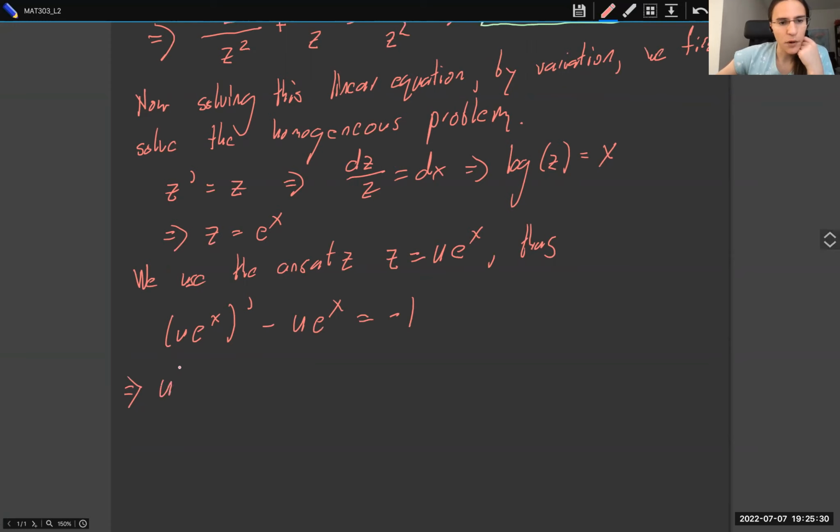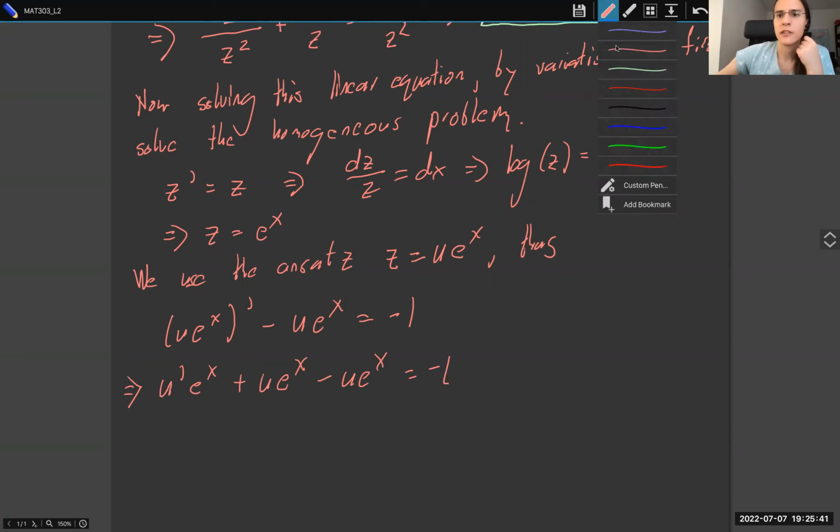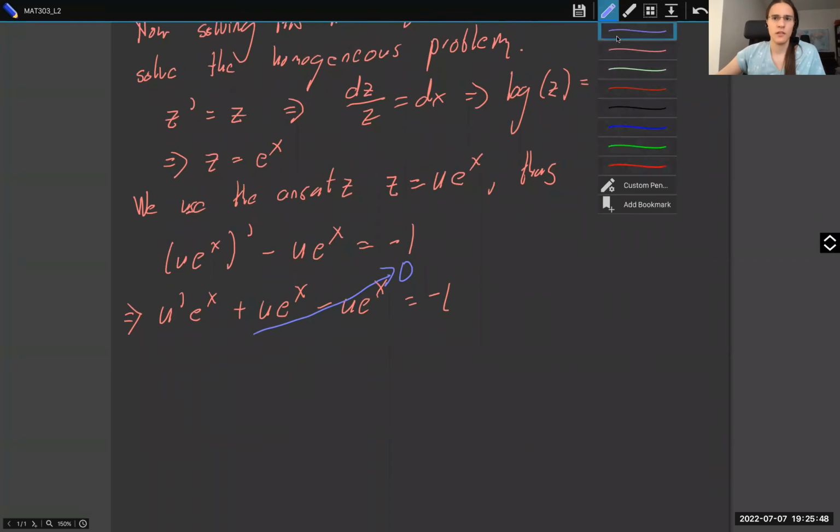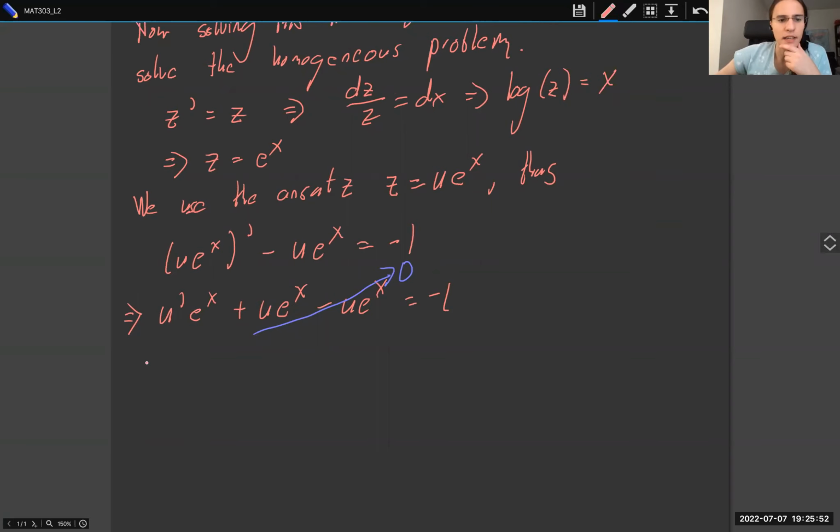So I get u prime e to the x plus u e to the x minus u e to the x is equal to -1. And we can see that these adjacent terms cancel. And so what we get is that u prime is equal to negative e to the negative x.